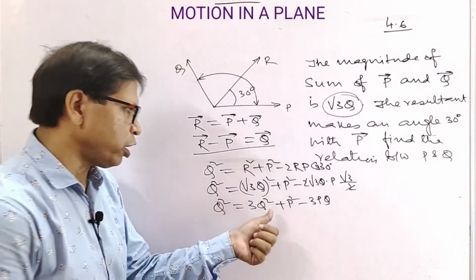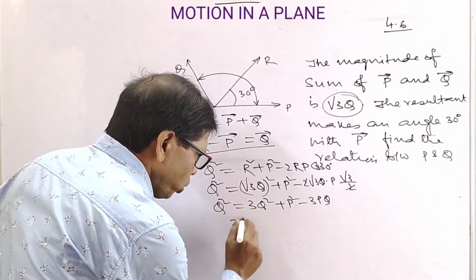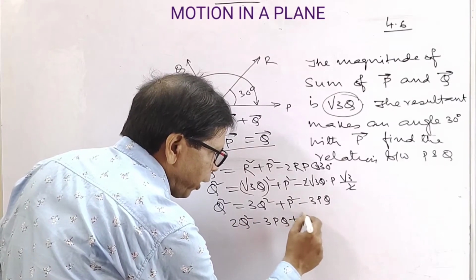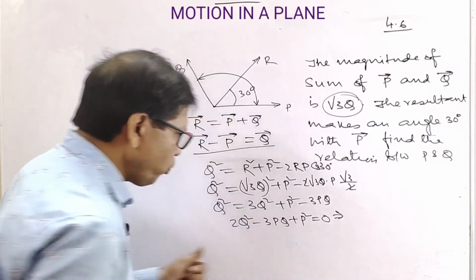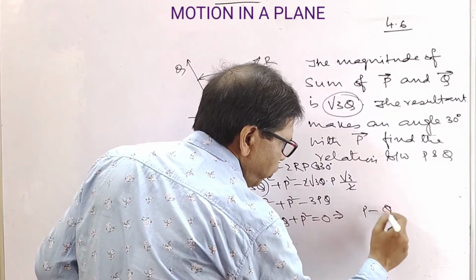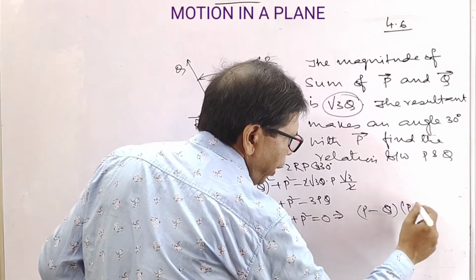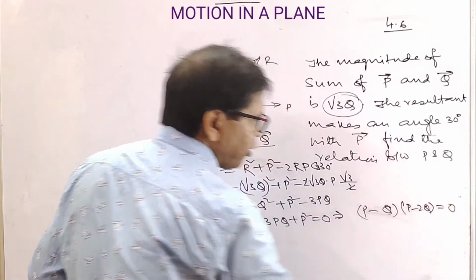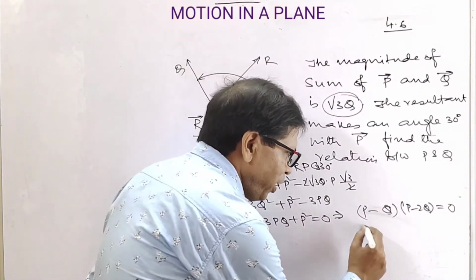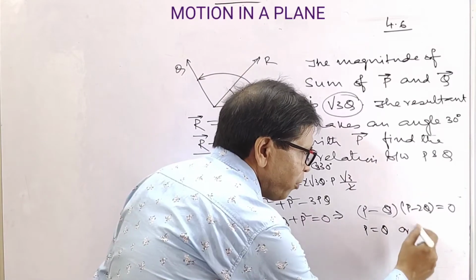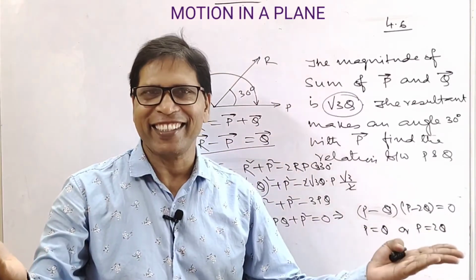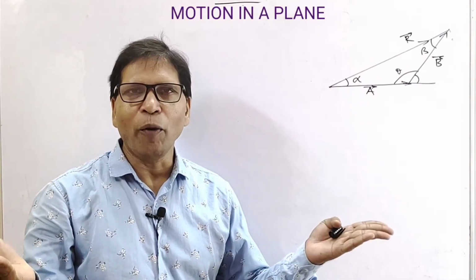So from this relation we can write 2Q square minus 3PQ plus P square equals 0. So (P minus Q) into (P minus 2Q) equals 0. Therefore we can write P equals Q or P equals 2Q. Understood? Next.